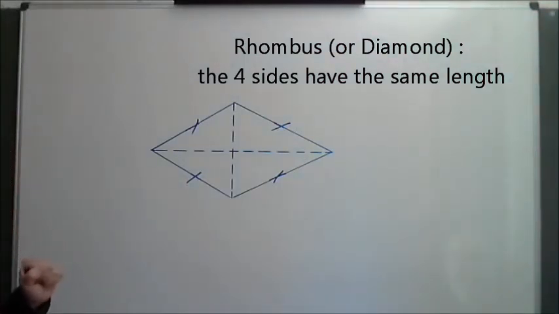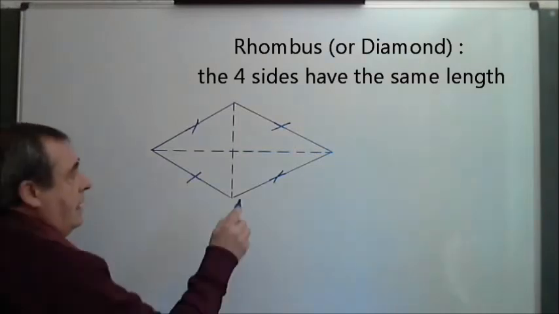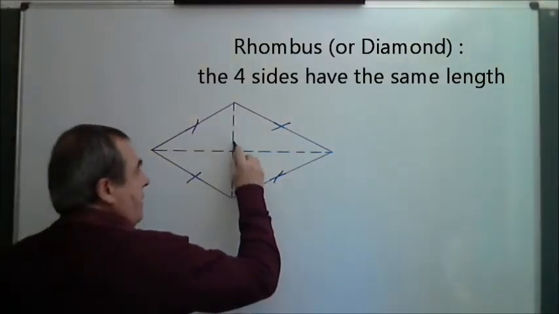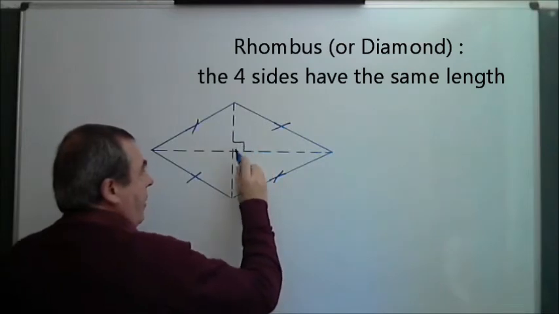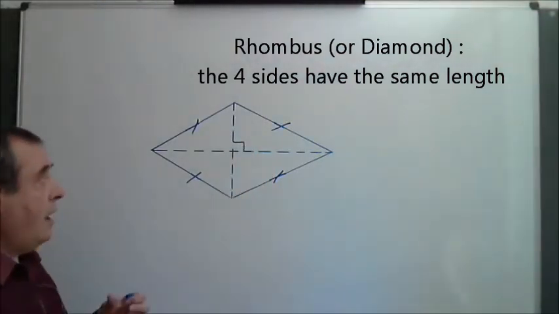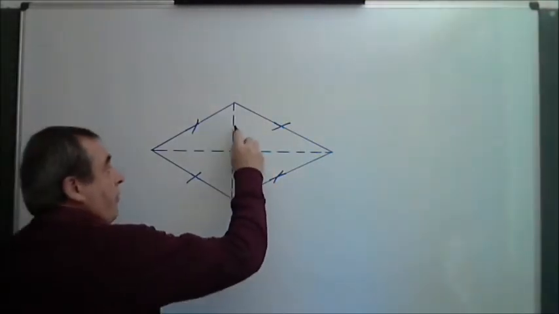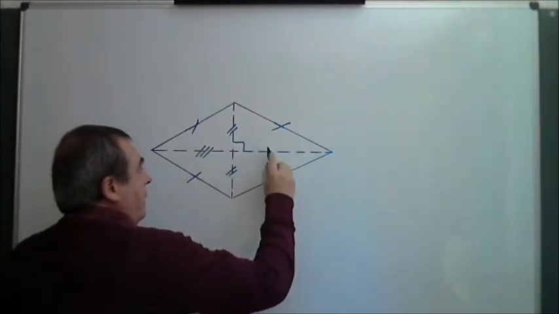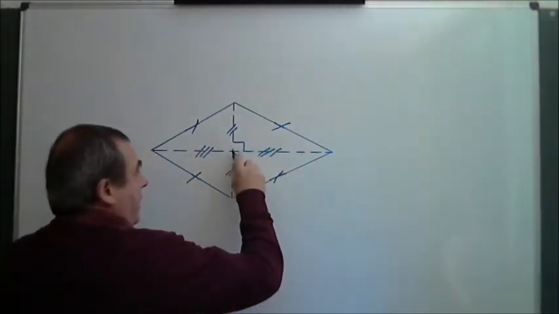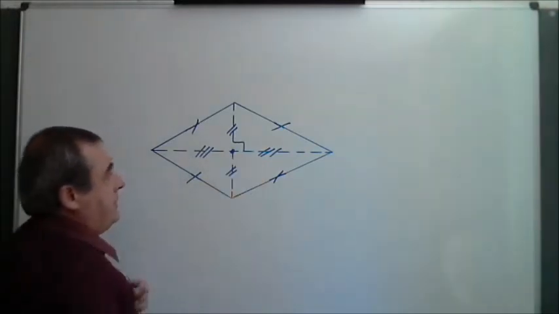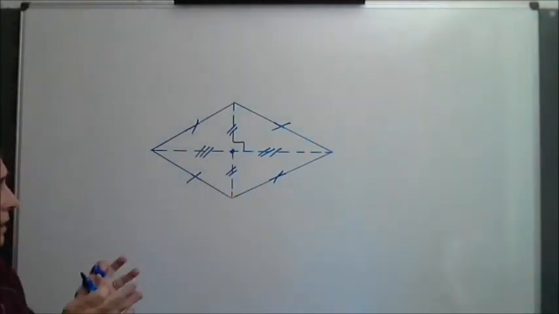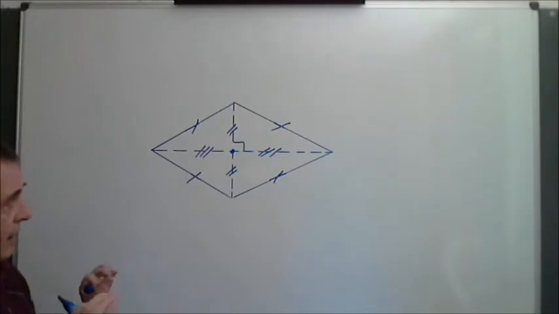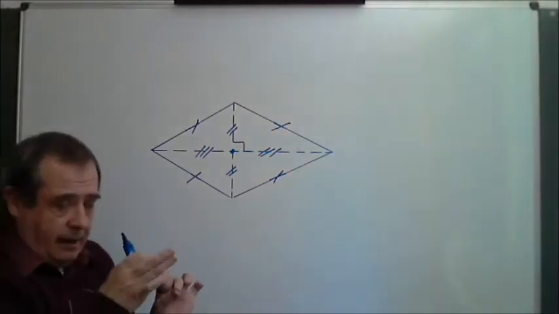The first property is that the two diagonals are perpendicular, and moreover they cross at the midpoint.